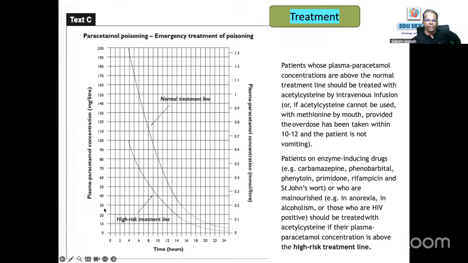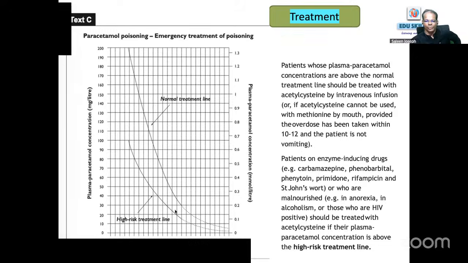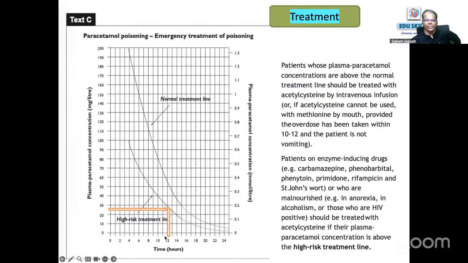It should be between 20 and 30. So this is 25. Now you have to see where this line collides with the high-risk line, 25 or higher. How many hours now? 12 hours. So the answer is 12.